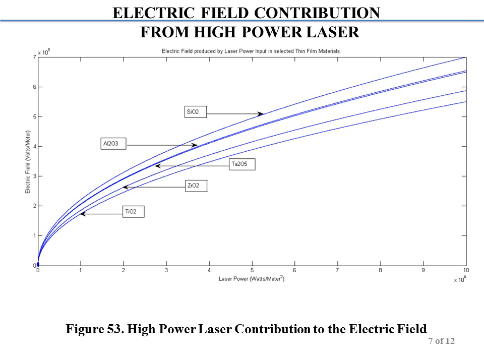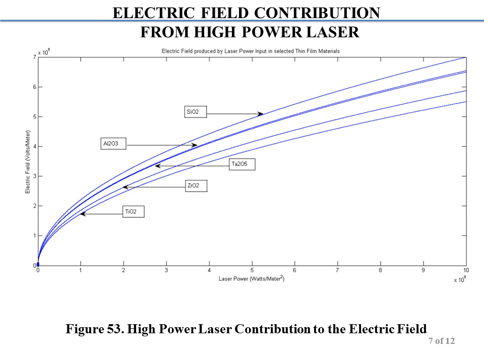The next slide shows the electric field contribution from the high power laser, and it's the electric field produced by laser input into the selected thin film material. So we calculated the electric field in volts per meter versus the laser power in watts per meter, and what we end up with is curves for the behavior of the thin films: aluminum oxide, silicon dioxide, tantalum pentoxide, zirconium dioxide, and titanium dioxide.